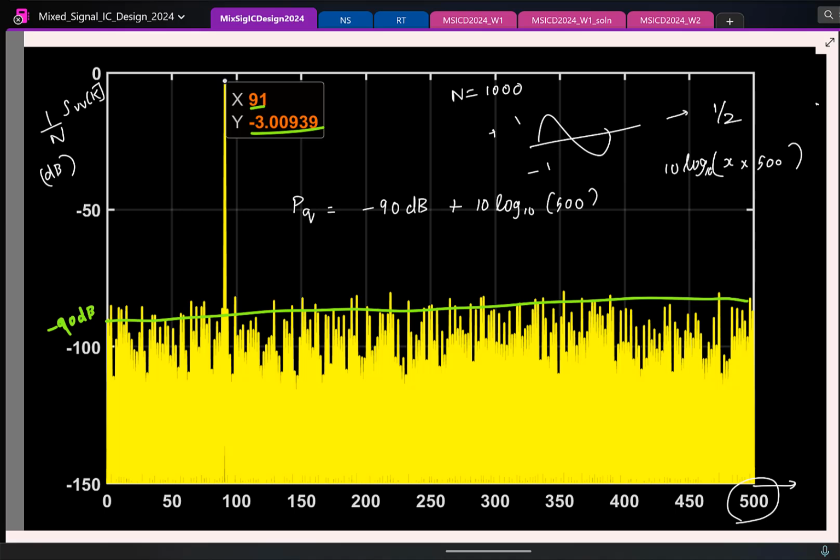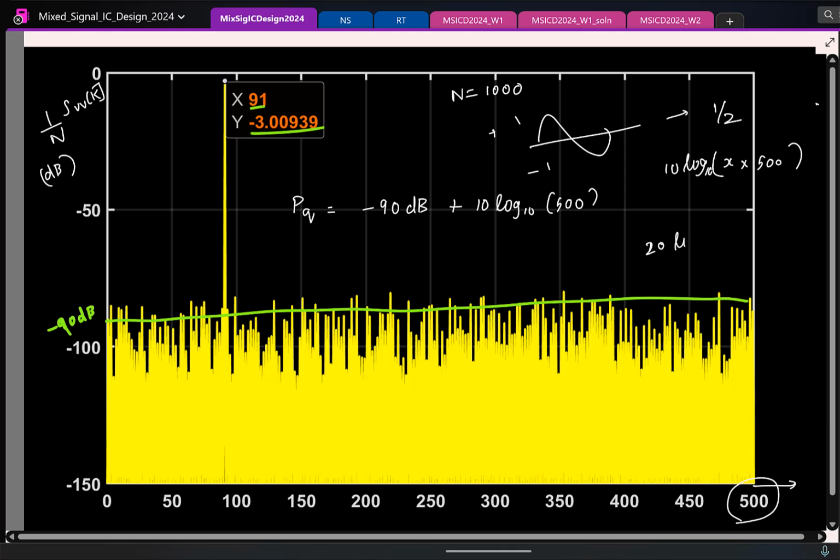What is minus 3 dB bandwidth? 1 by root 2, you take 20 log of 1 by root 2, that is minus 3. I mean, you should be able to do quick calculations. So 10 log of 1 by 2 is minus 3. So 10 log 2 is 3.